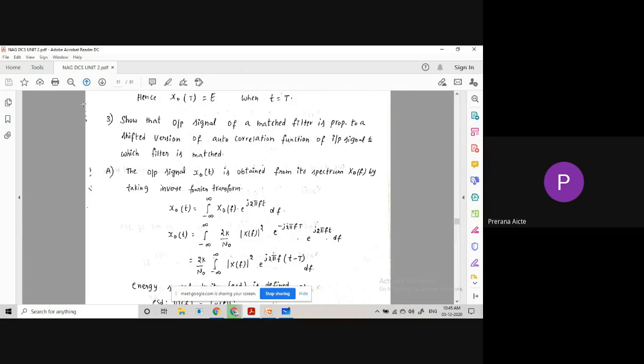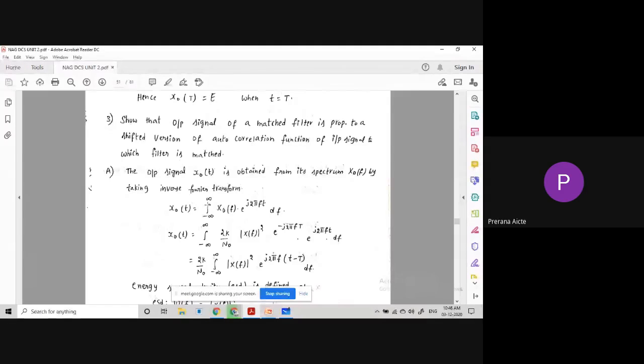For that, just write the output signal x naught of t. The output signal x naught of t is obtained from its spectral density: x naught of t equals integral from minus infinity to infinity of X naught of f into e power j 2 pi f t df.